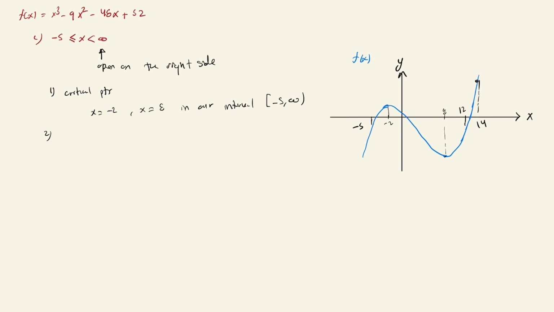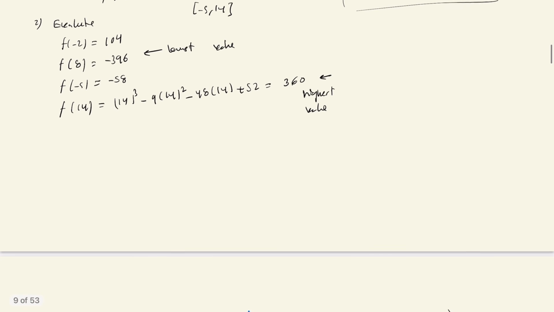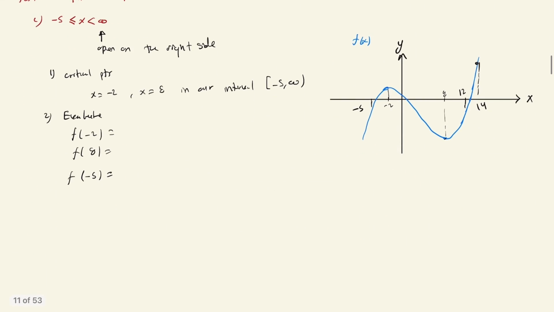Now we're going to move to step number 2. We're going to evaluate our critical points and the endpoints. Critical points again here -2 and 8, and the endpoint here is only -5. So these values already, we found them in part A and B, so I'm just going to write them in here.